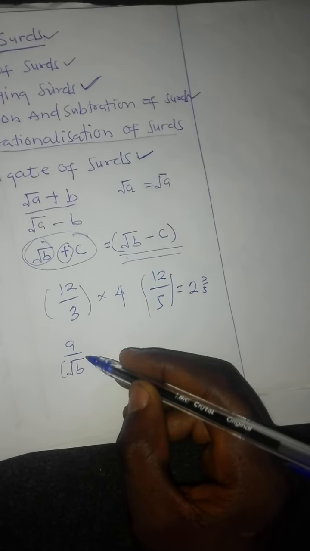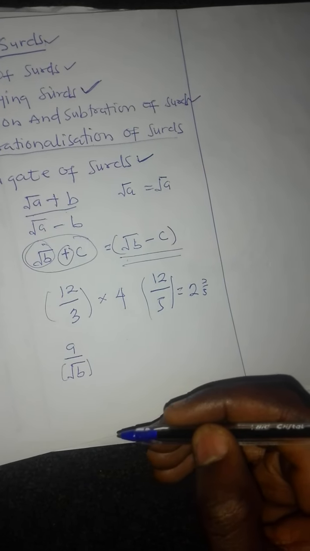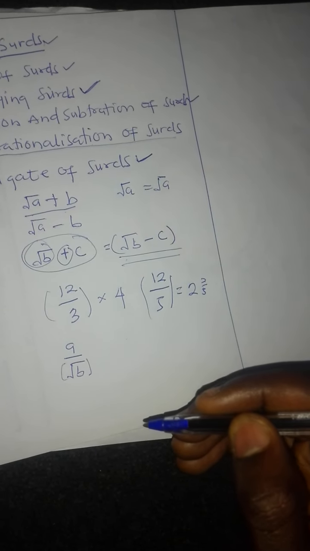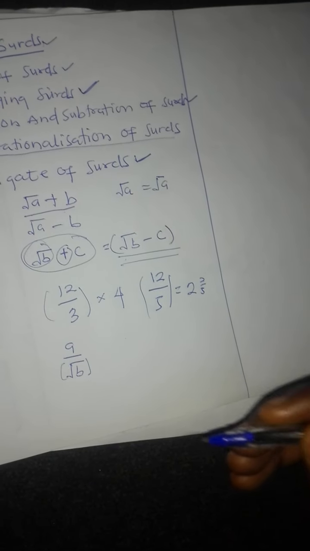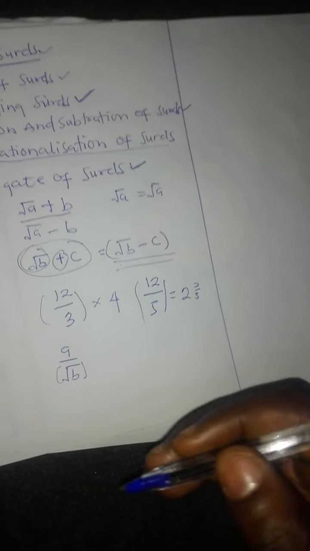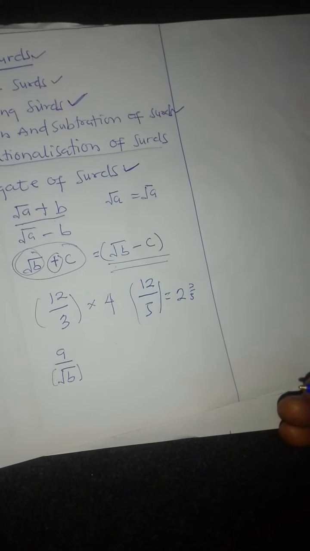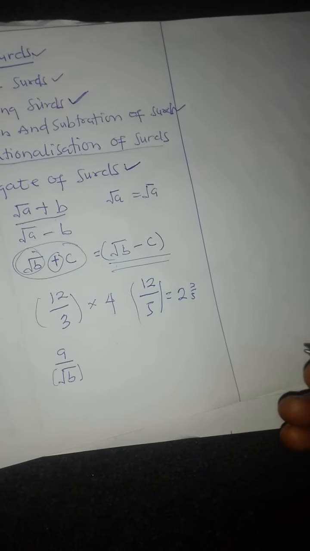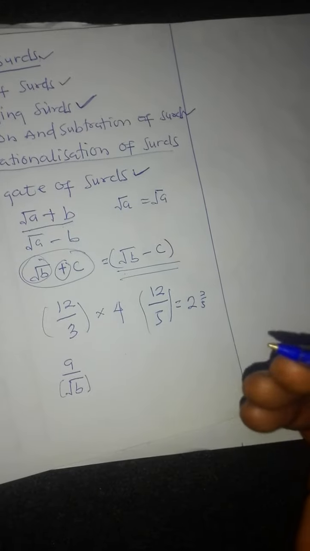So when you are given an expression and it contains a surd as the denominator, the process of converting it into a proper fraction is what we term rationalization. How do we do that?